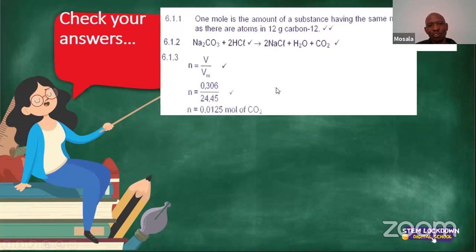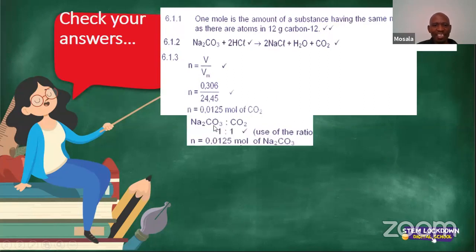So they are in a ratio of 1:1. It means the number of moles of sodium carbonate that would have reacted is the same as the number of moles of carbon dioxide that would have been produced.